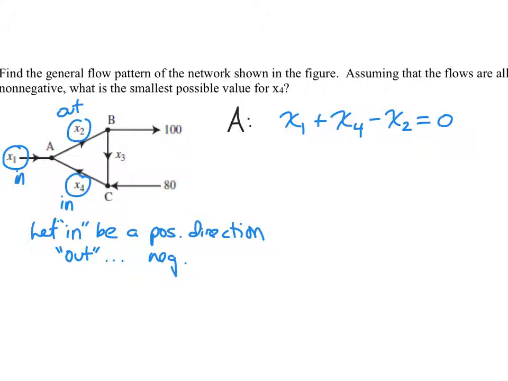So I did my positives first and then my negative. I'll reorganize it in a minute. So that's at node A. And that doesn't violate the line before saying to assume the flows are all non-negative values? Correct, because the flow itself will come out in the wash as either positive or negative, and it'll work out.